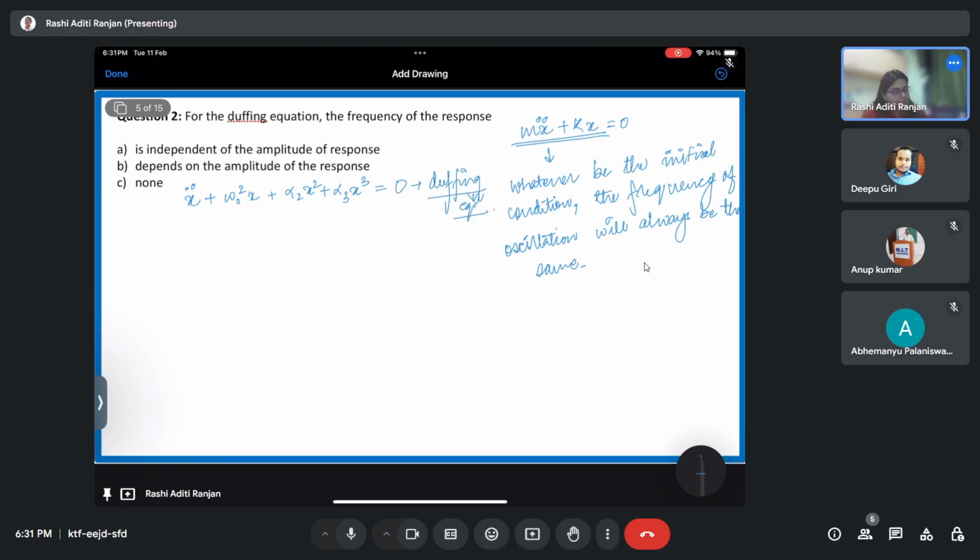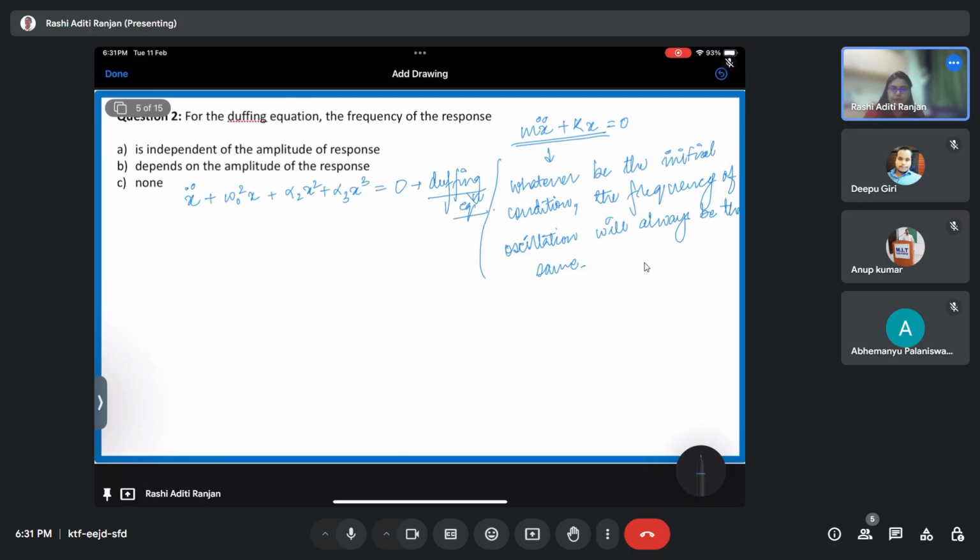Now if I want to know whether my amplitude or frequency has a relation or is independent, I don't know by just seeing the equation of motion.